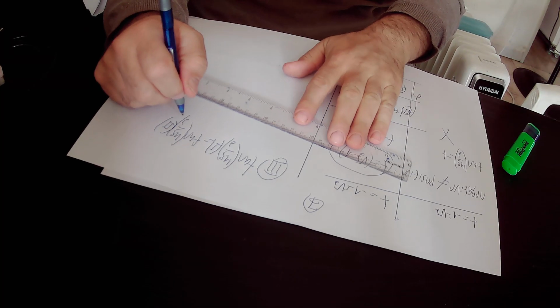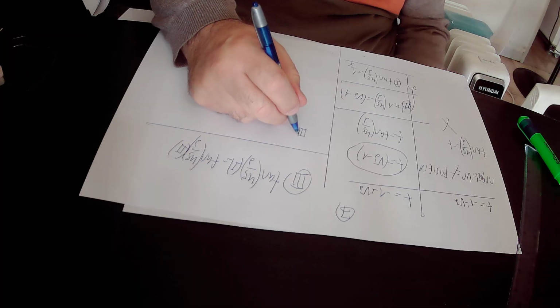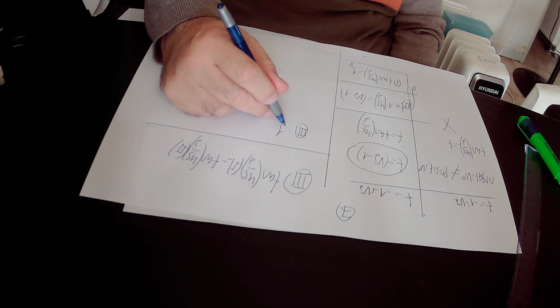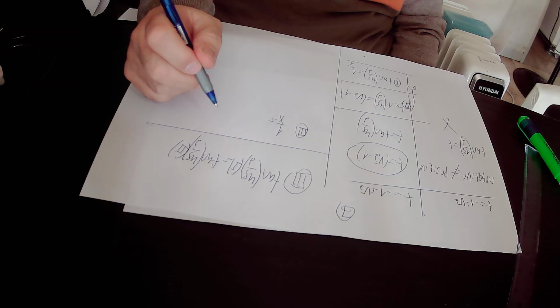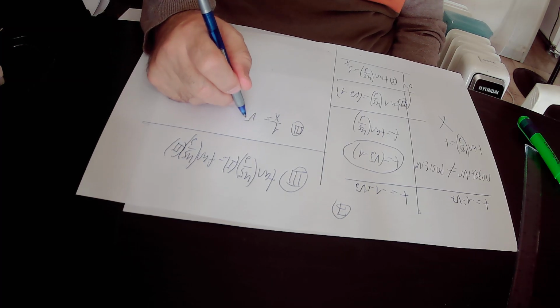Okay, so tangent 45 over 2 degrees according to equation number 1 is 1 over x, and it must be equal to tangent 45 over 2 degrees according to equation number 2, that is square root of 2 minus 1.